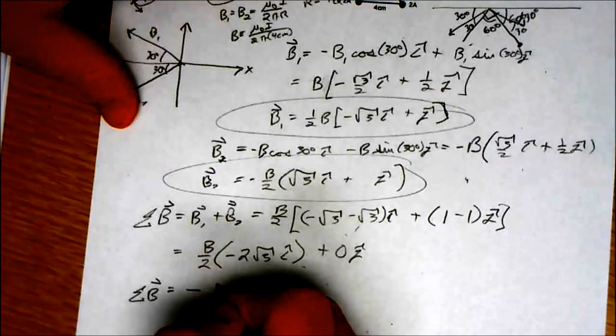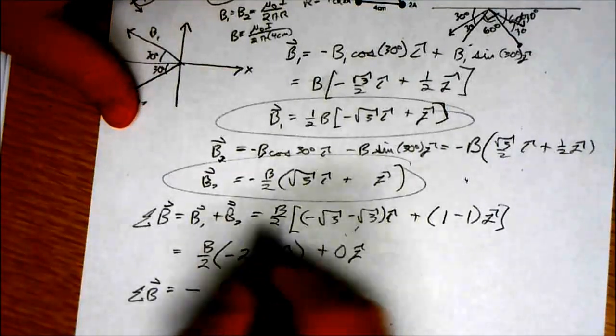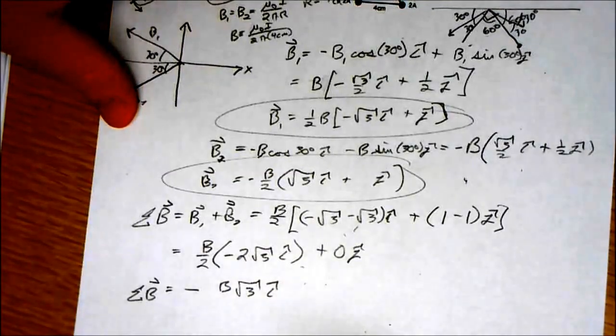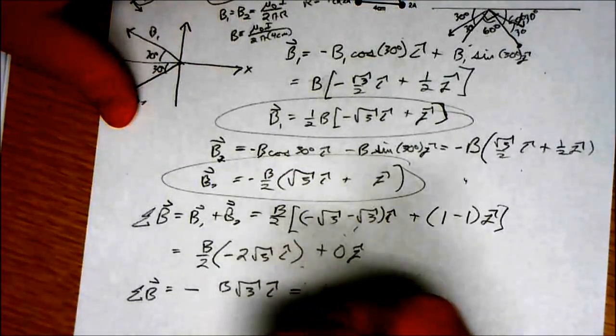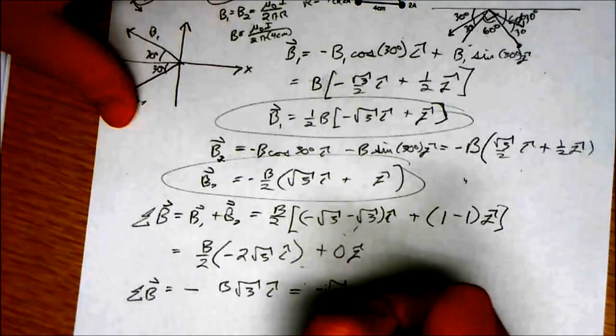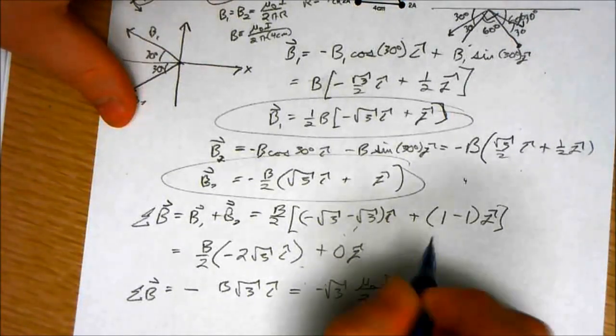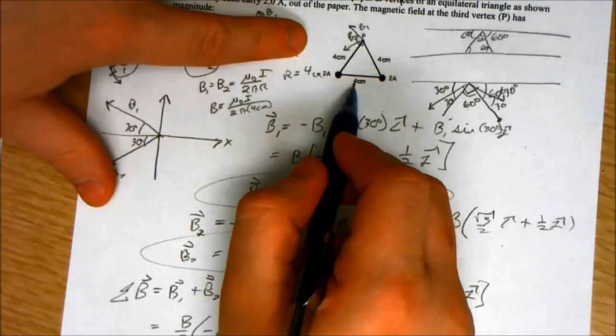So it's negative B, the 2's cancel out, square root of 3 i hat, which is negative square root of 3 mu naught I over 2 pi r, where r is 4 centimeters.